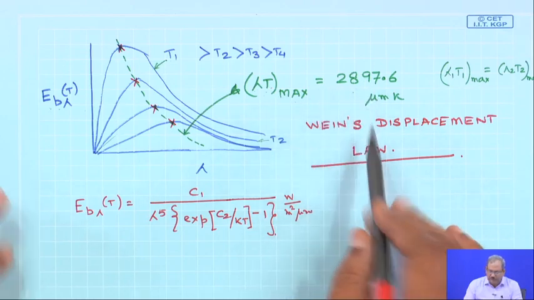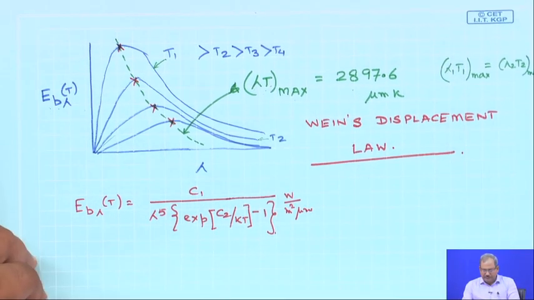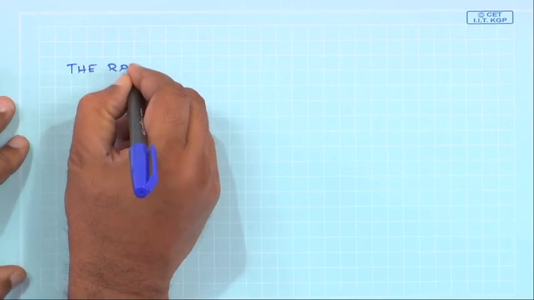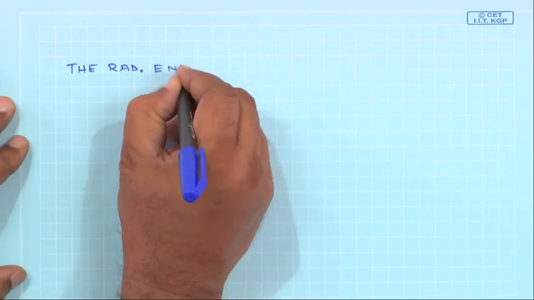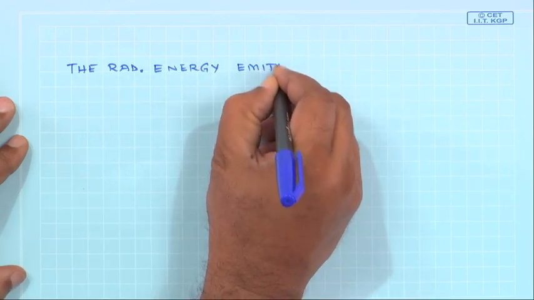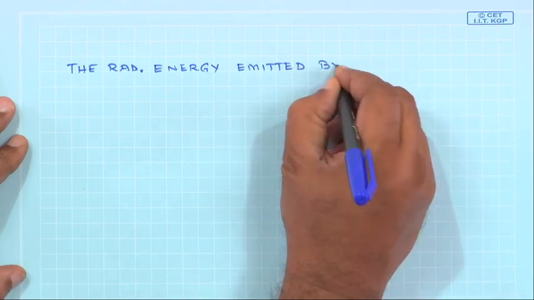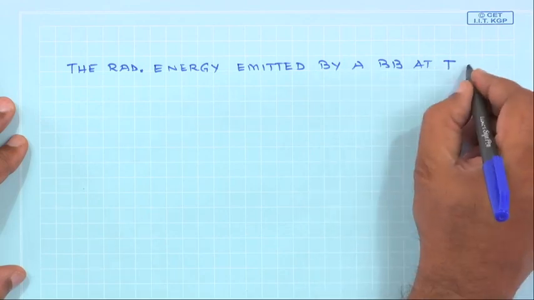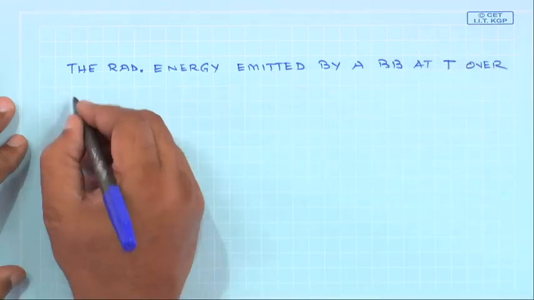We will see its use in subsequent analysis, but let us do something which we know even better. The radiation energy that is emitted by a black body at T over all wavelengths.